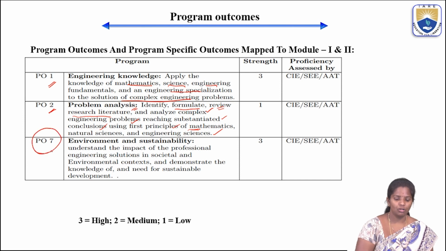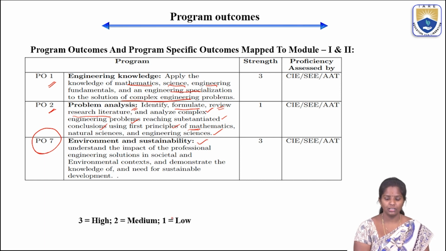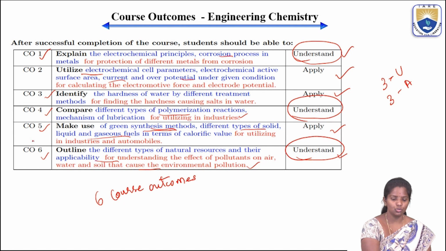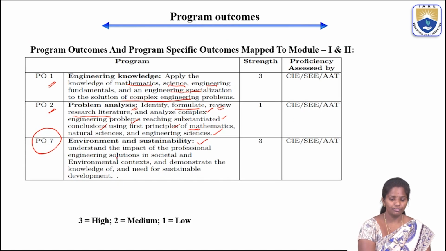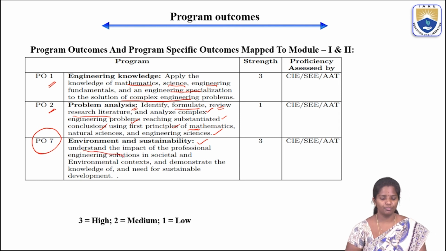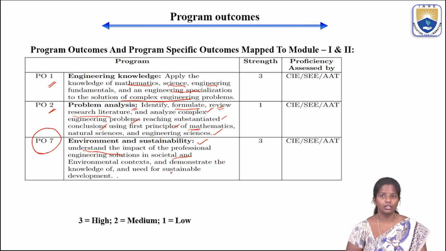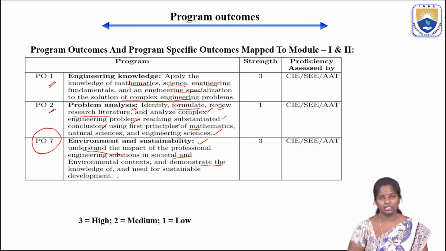Then chemistry can also be mapped to PO7, which includes environment and sustainability. If we see the last module, these 2 come under environment and sustainability. Therefore, they understand the impact of professional engineering solutions in societal and environmental contexts, and demonstrate the knowledge of the need for sustainable development.